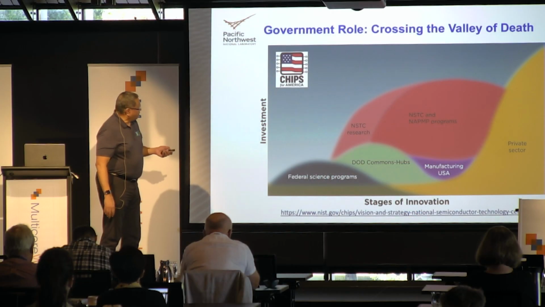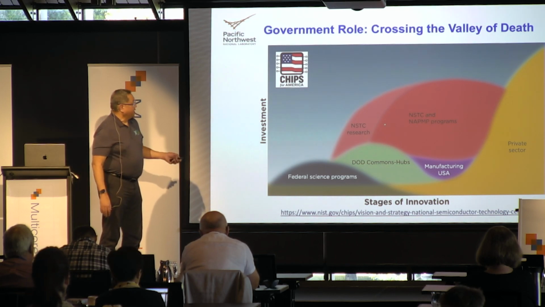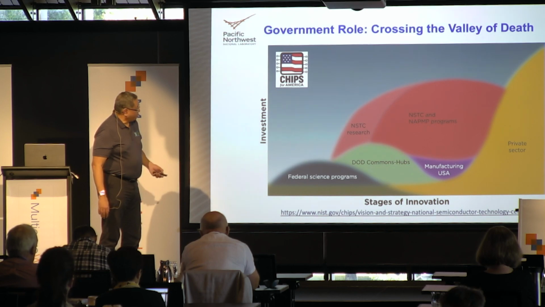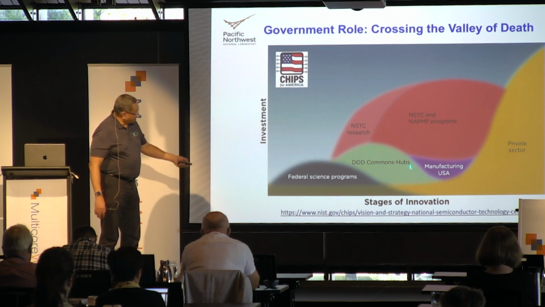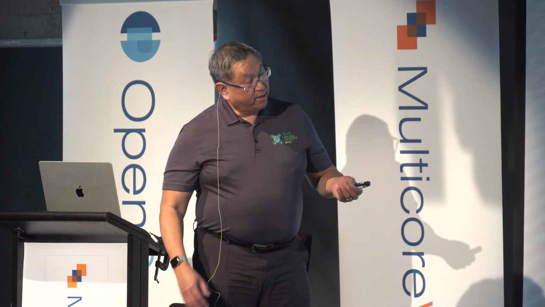And this graphic from NIST shows where the CHIPS R&D program's NSTC shows up, the Advanced Packaging Manufacturing Program, those DoD Commons, microelectronics commons hubs. There's another element called Manufacturing USA. It's meant to be a microelectronic manufacturing institute that again helps transition concepts into proof of concept, and then technology demonstrators that could transition to the private sector.